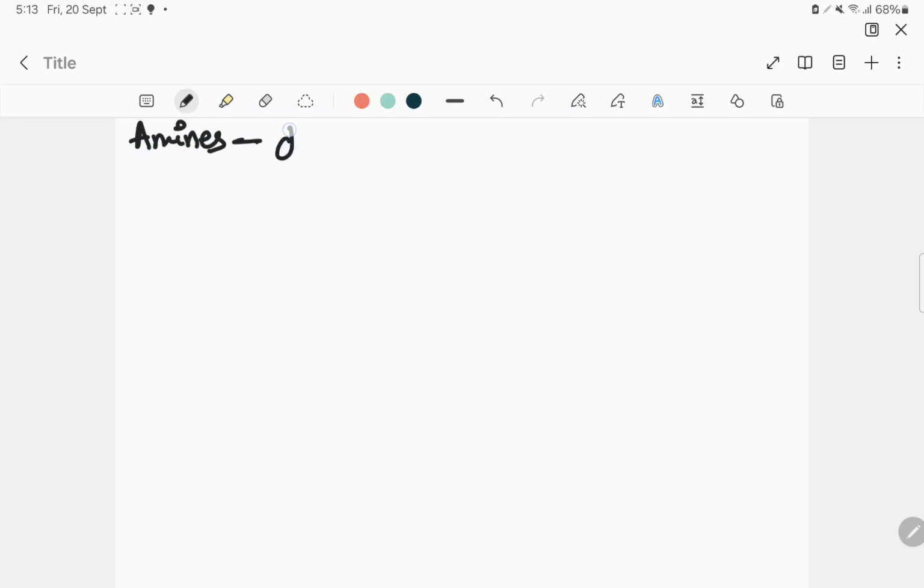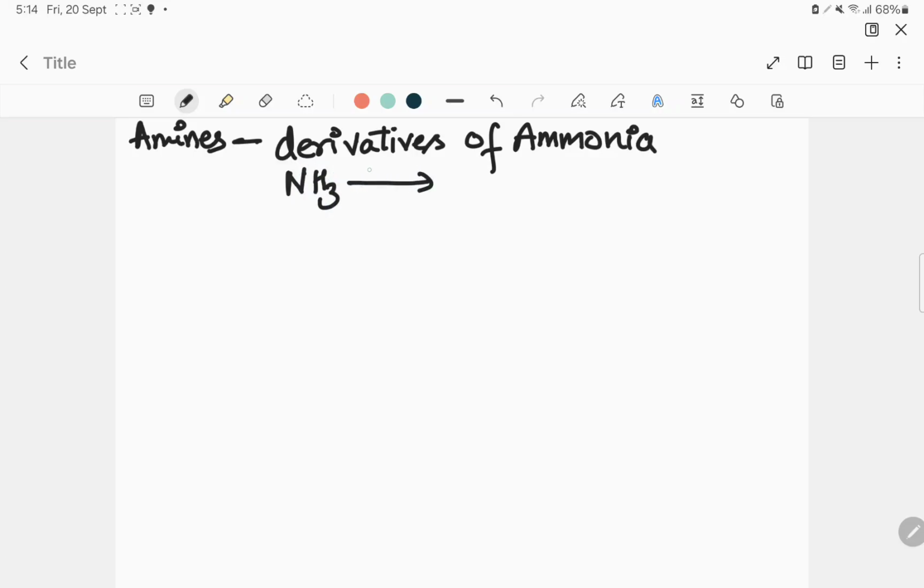Amines are generally regarded as derivatives of ammonia, which are derived by replacing 1, 2, or 3 hydrogens of ammonia. Suppose we have NH3, minus H plus R, this gives us a primary amine with the formula RNH2.